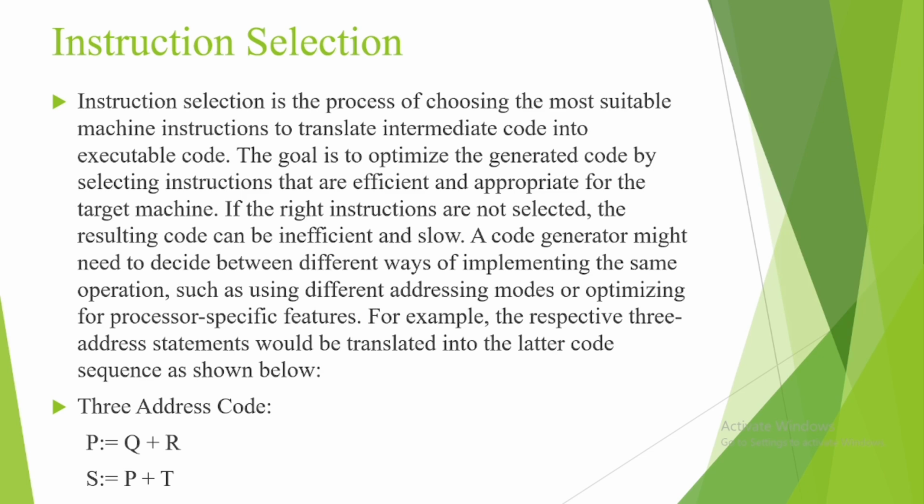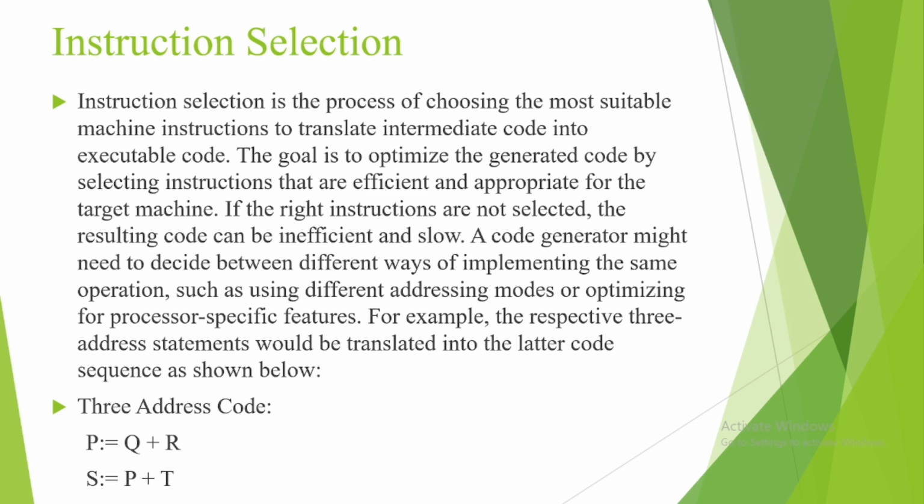If the right instructions are not selected, the resulting code can be inefficient and slow. A code generator might need to decide between different ways of implementing the same operation, such as using different addressing modes or optimizing for processor specific features.